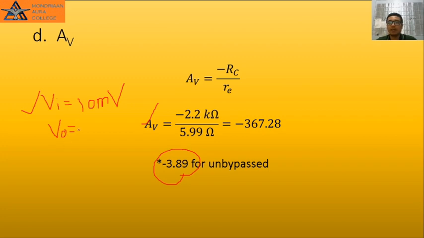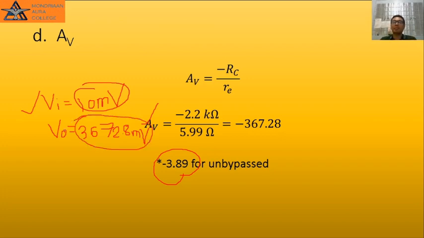So, we will have 3,672.8 millivolts, or roughly that is equal to 3.67 volts. So imagine niyo, from 10 millivolts naging 3.67 volts na siya. So tumataas yung gain natin kapag meron tayong bypass capacitor.